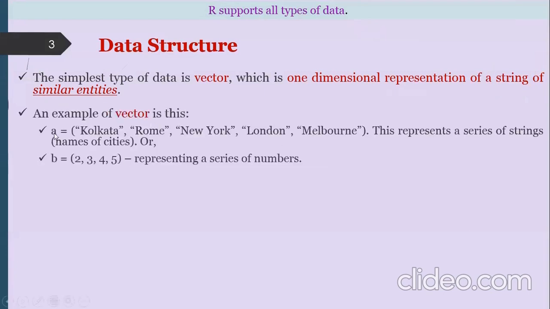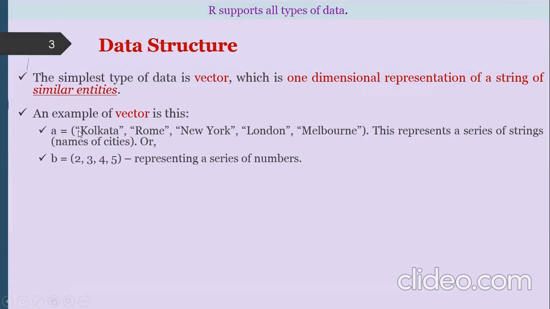An example of a vector is, for instance, A is equal to Kolkata, Rome, New York, London, Melbourne. If we have a bracket, you can see that these are in inverted commas, so each is one word, taken into inverted commas.